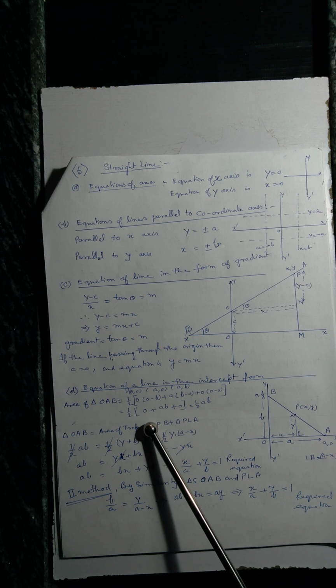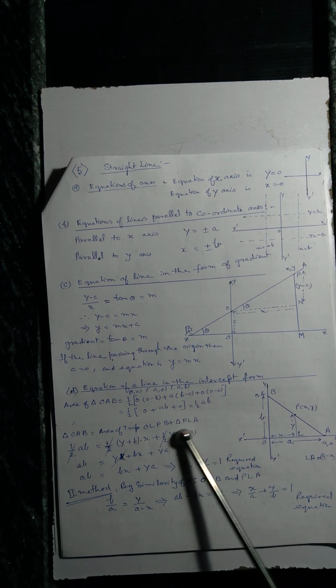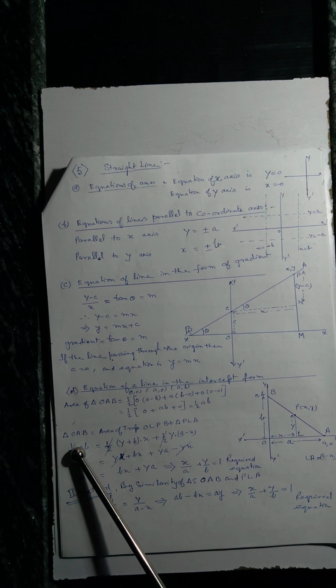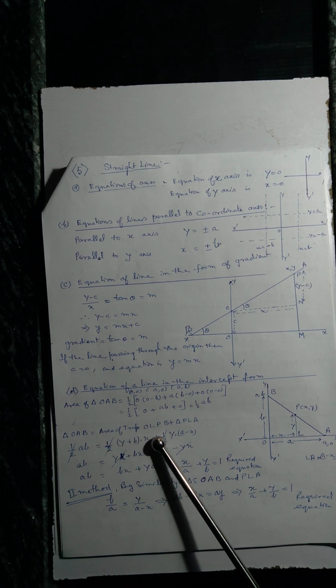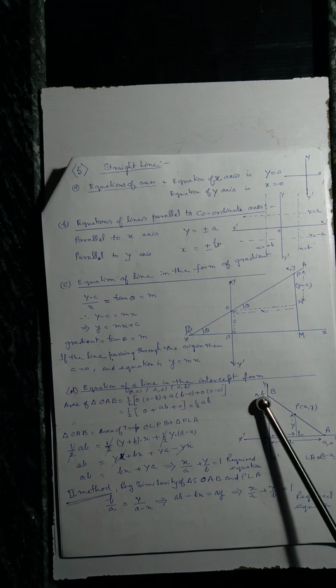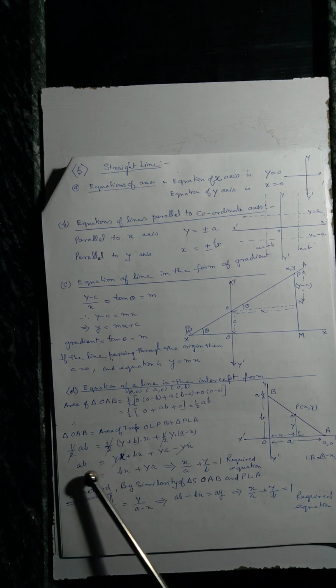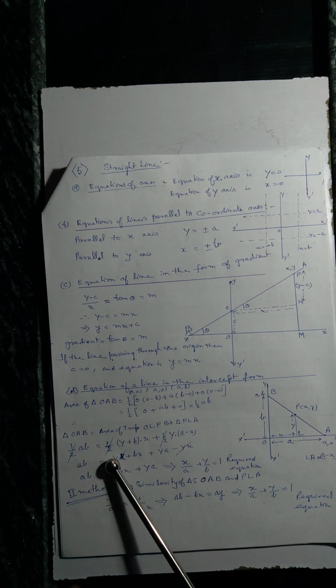So we know the coordinates of the three vertices of the triangle. So the area of OAB is equal to area of the trapezium OLPB plus area of the triangle PLA, that is 1 by 2 a into b.